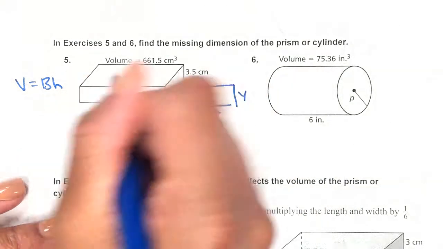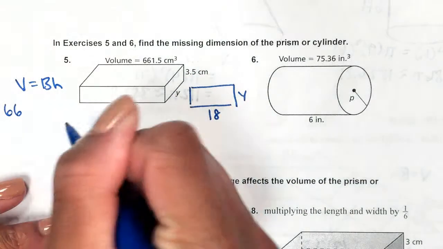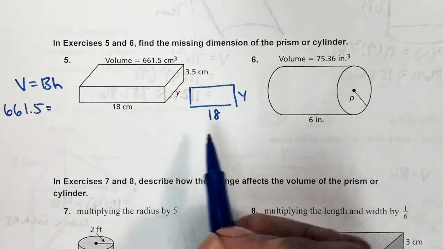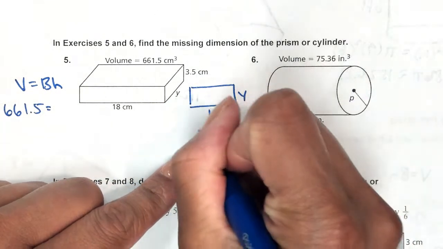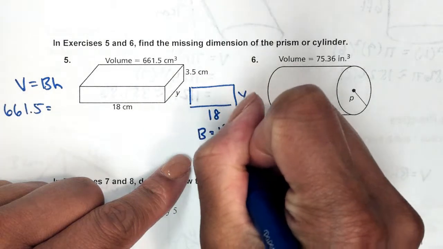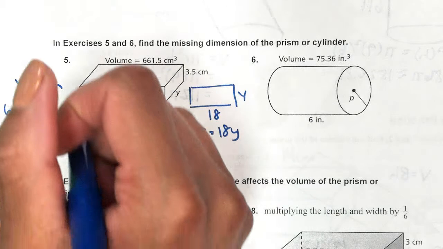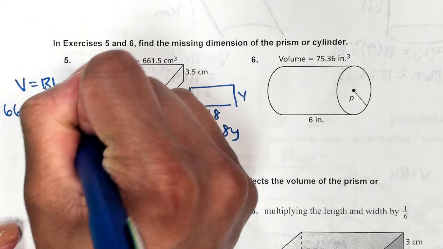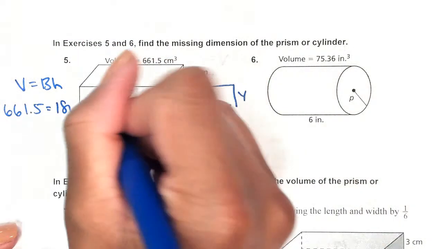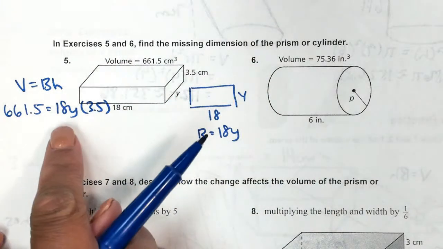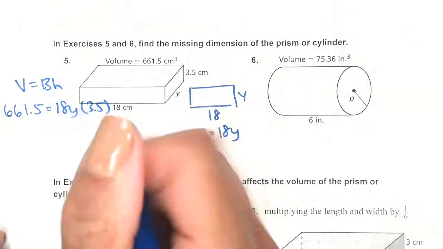So our volume is given to us as 661.5. And then the base area would be the length times the width. So base area would be 18y, or 18 times y. So I have 18y, and then the height is 3.5. Okay, so I'm going to multiply 18 times 3.5.